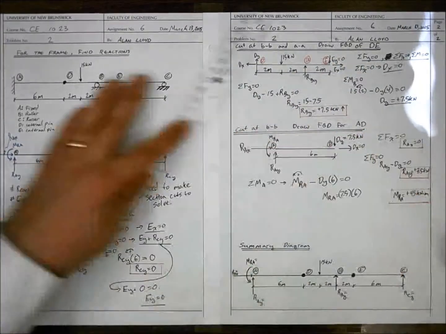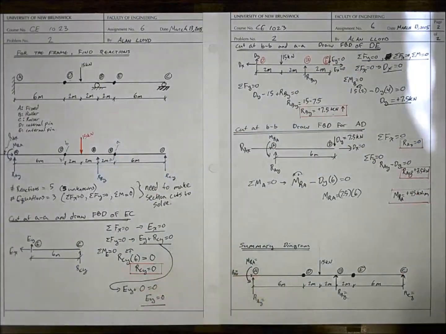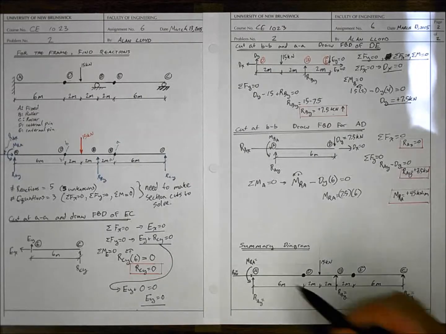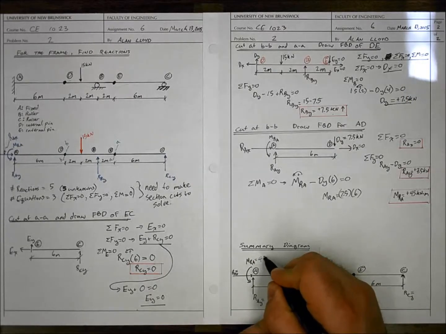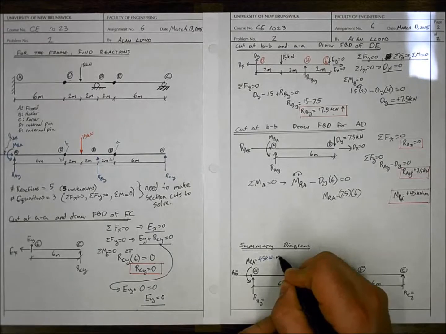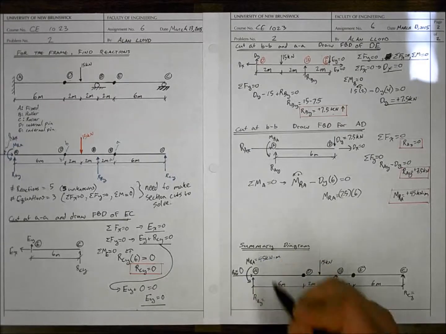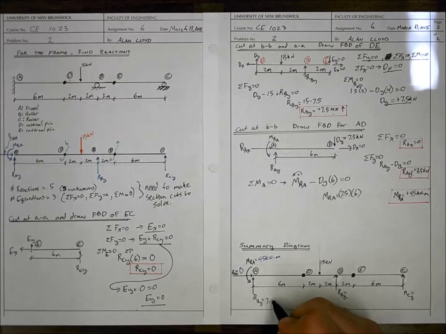Now we can go ahead and look at our summary diagram. Here we can begin to add in our values. We've solved for MRA, and MRA was 45 kilonewton meters. RAX was 0. RAY was 7.5 kilonewtons.